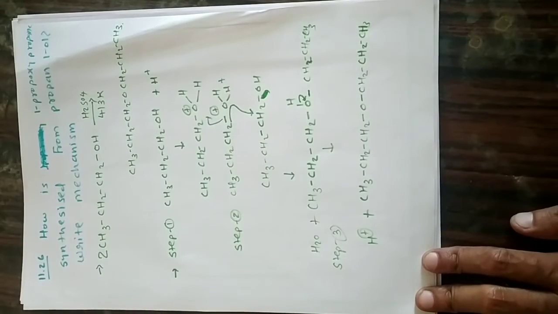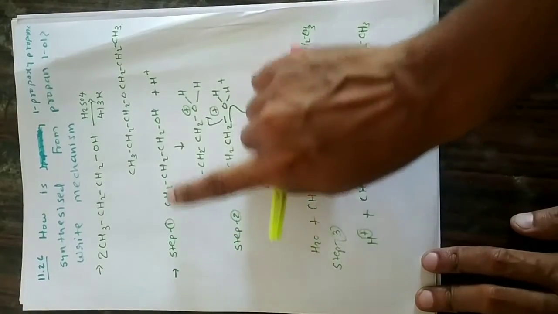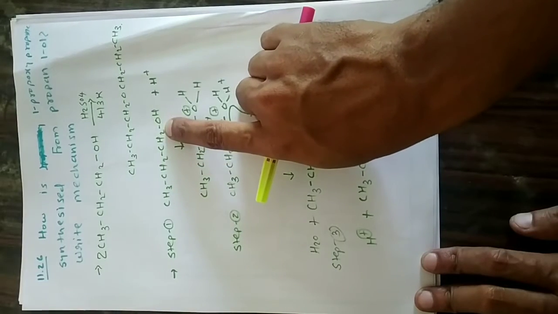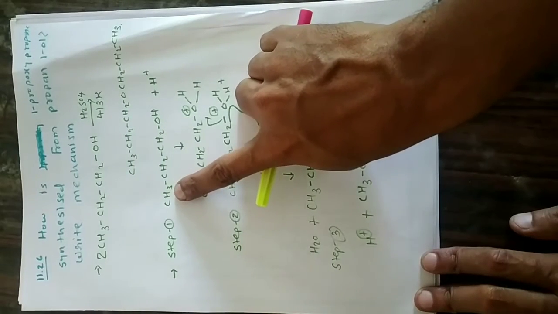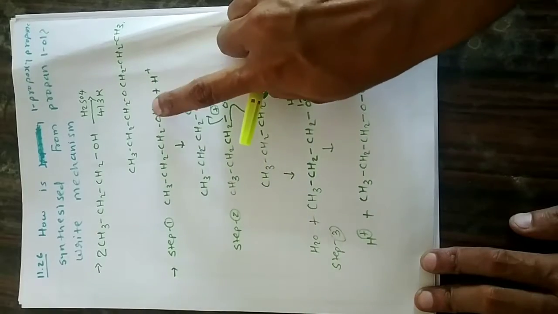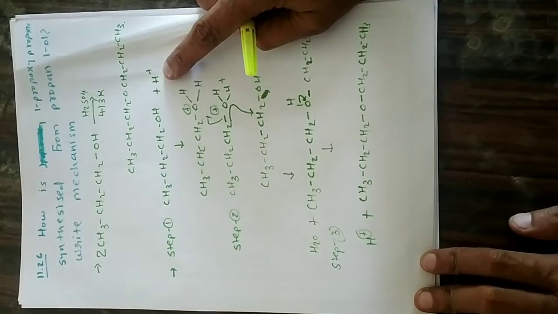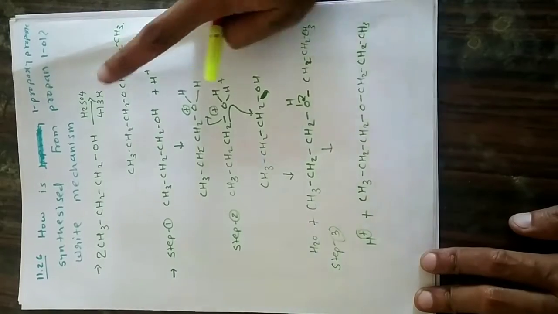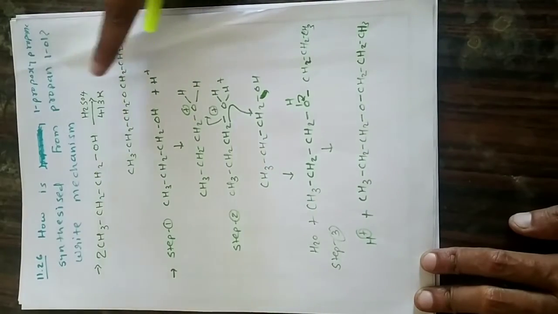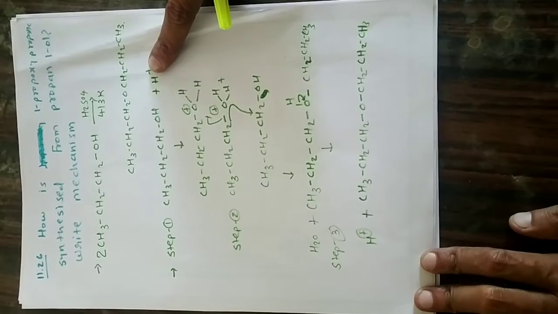What happens here actually? In step 1, this one is our first molecule of alcohol. It reacts with H plus from the acid. Here I have taken H2SO4, so it comes from H2SO4.